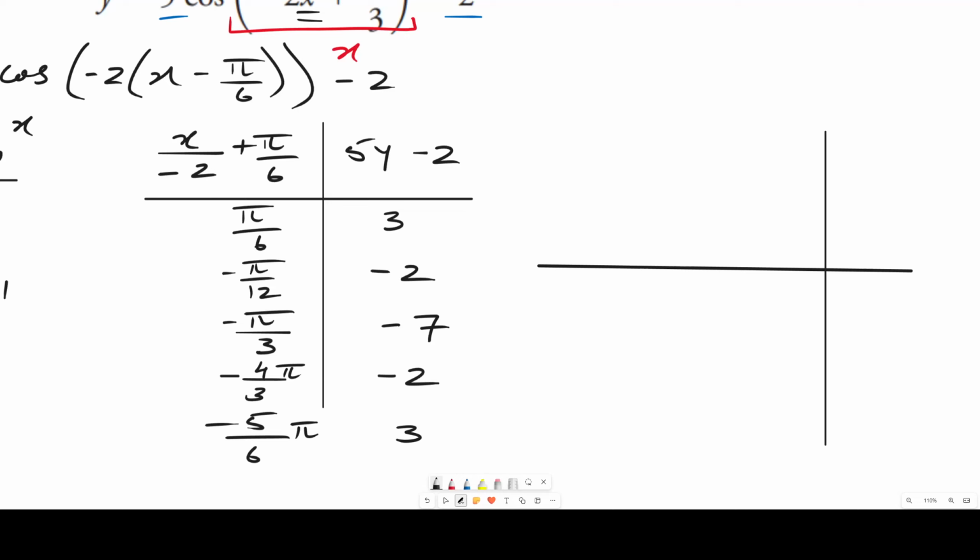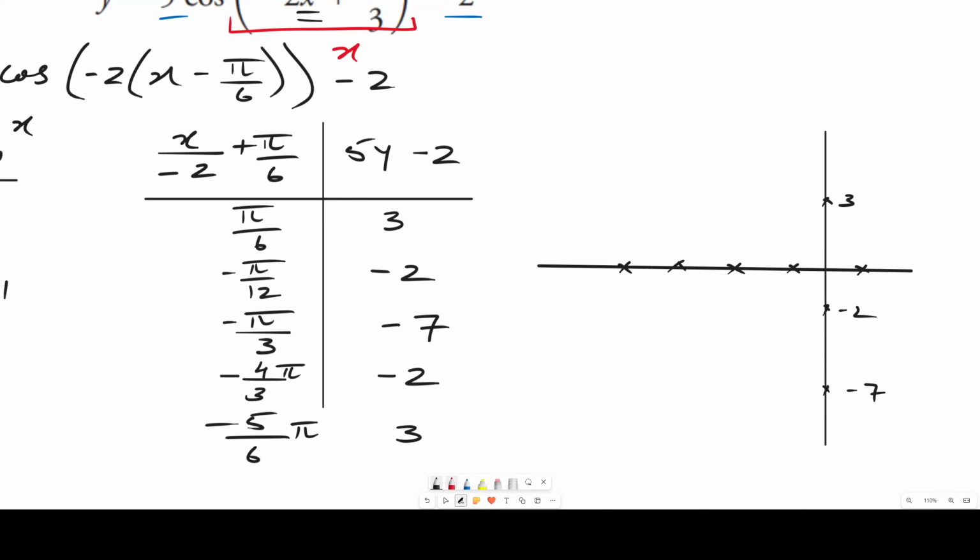Okay, so let's just say this is going to be 3, this is negative 2, this is negative 7, and let's just say this is pi over 6. They're going to be at equal intervals from each other, all your x coordinates. So I'm just going to jot them down equidistant from each other, and just say this is positive pi over 6, and this is going to be negative pi over 12, negative pi over 3, and so on.